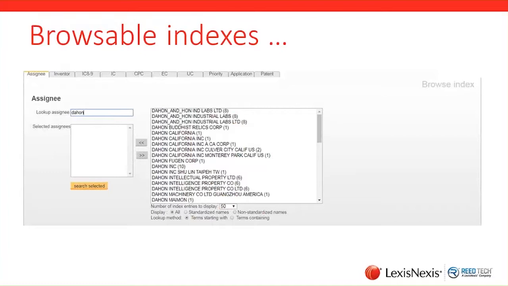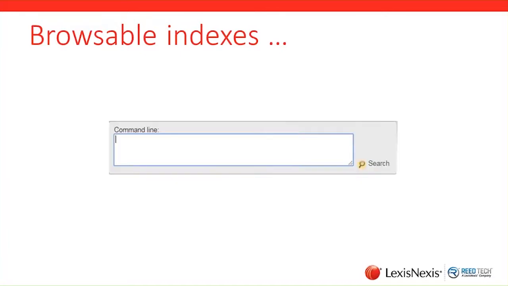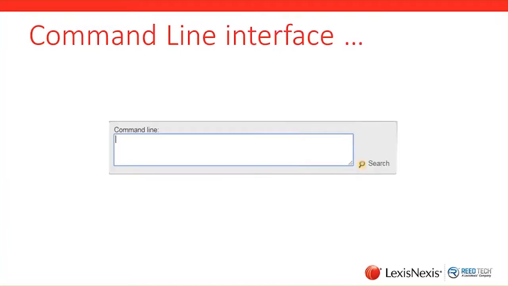Some, though, permit the user to interrogate the database directly using what is known as the command line. This is an extremely powerful mechanism that's underused, in my opinion, perhaps because it requires an understanding of the search syntax, nesting, operators, wildcards, and so on.